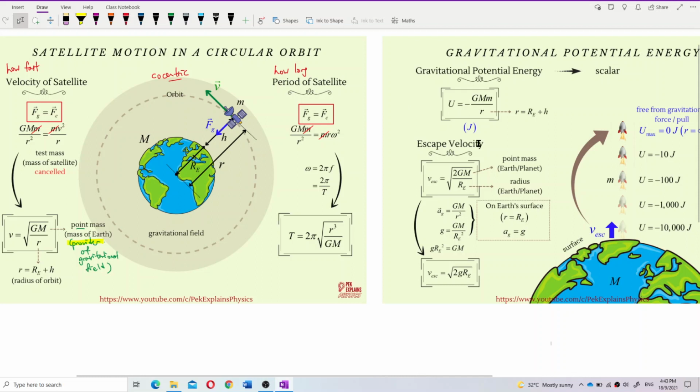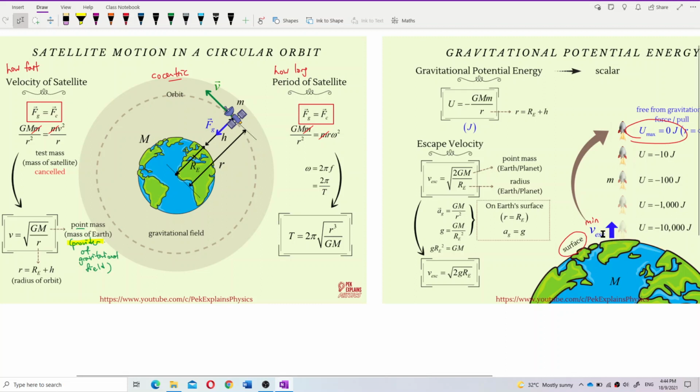However, escape velocity is the minimum velocity required in order to escape completely from the gravitational force of the Earth. That means to jump from the surface to potential energy 0.